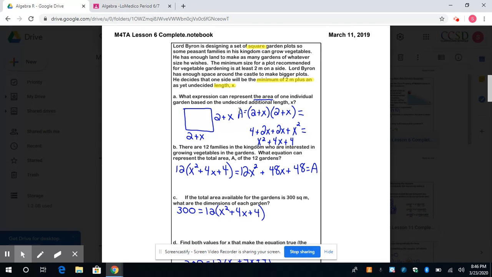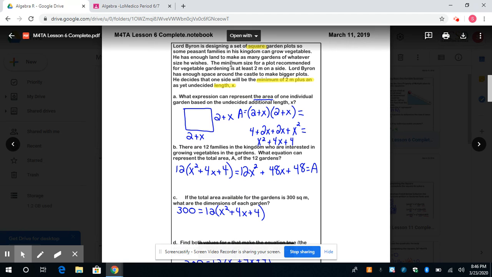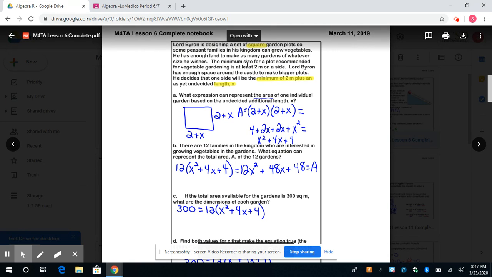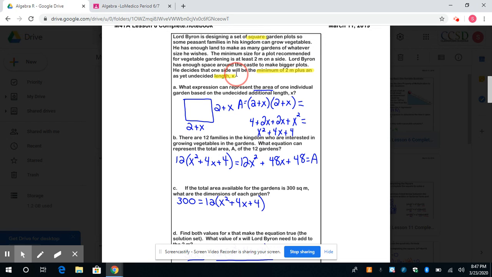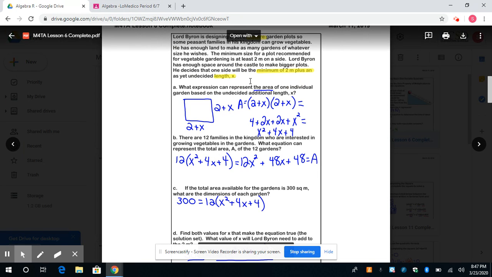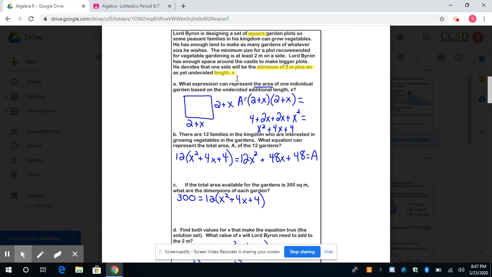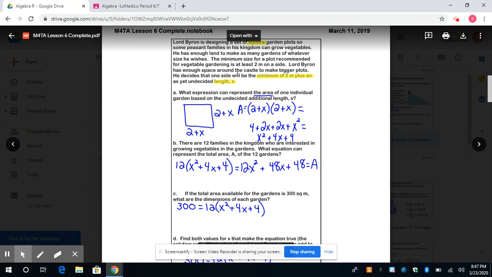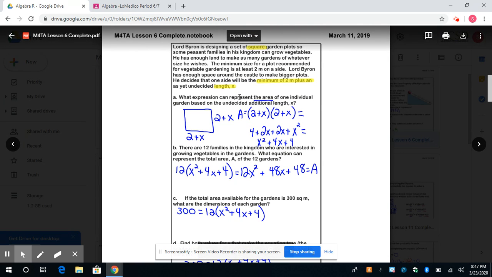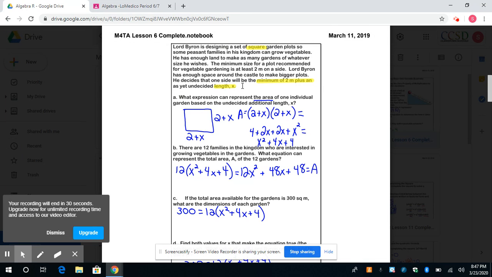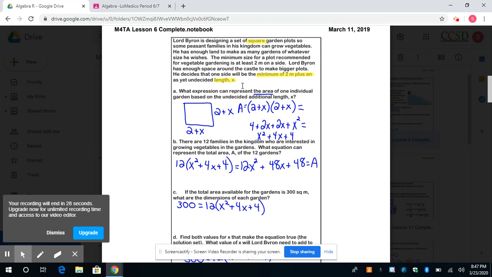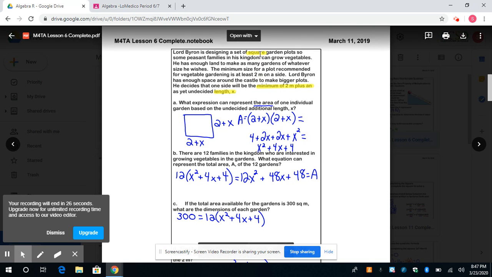Okay. We have another word problem here you can read through. Basically, we're designing a garden. They're saying the minimum size of the garden can be, one side will be a minimum of 2 plus this value of x. So if the length is 2 plus x, and we're talking about a square, you should know that all sides of a square are the same.